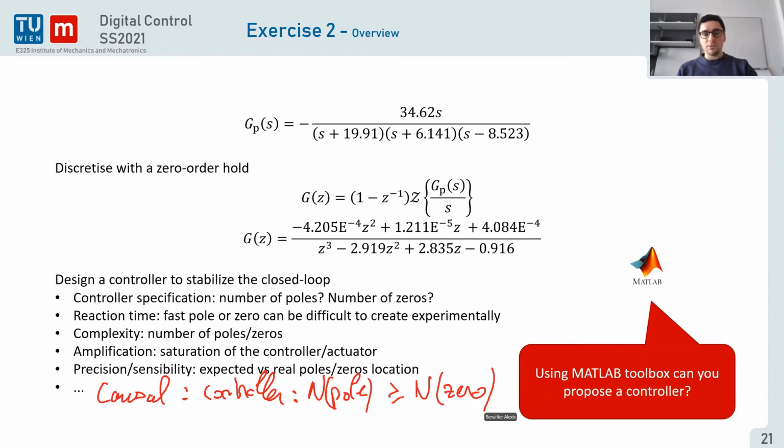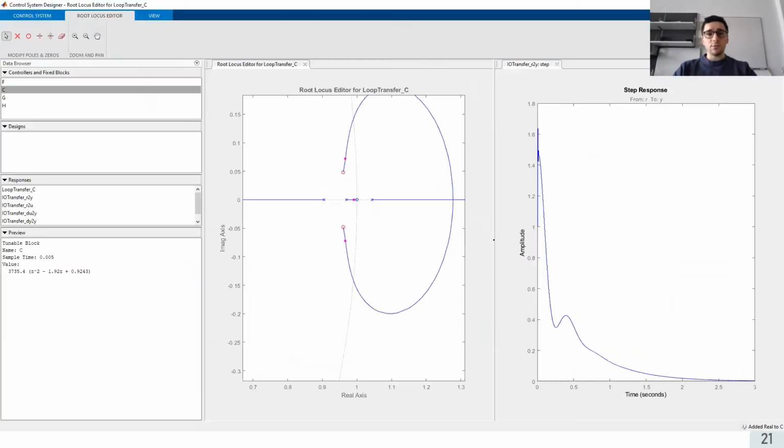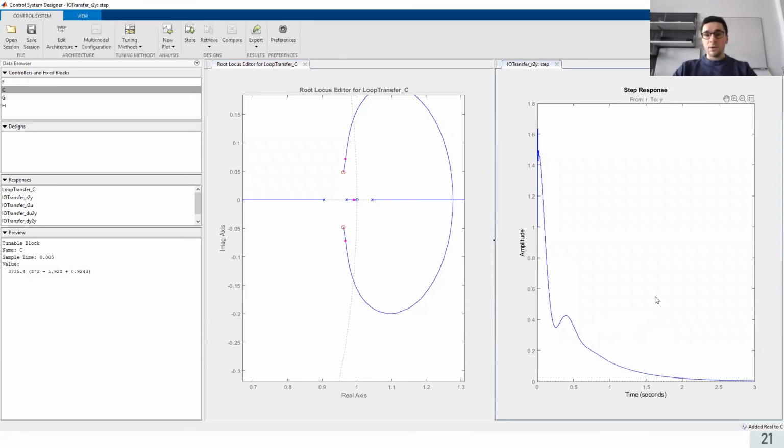And most of the time it has to be bigger than the number of zeros so that it's strictly causal. Even if I design this controller here, I still have to keep in mind that here the controller is not feasible. And as you also mentioned, the step response is going to 0. That is probably also something I don't want.